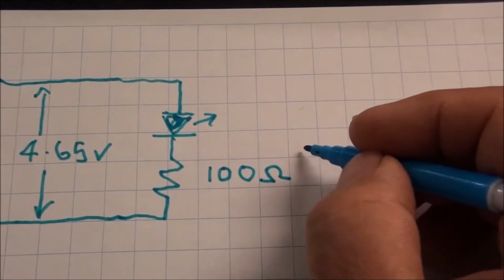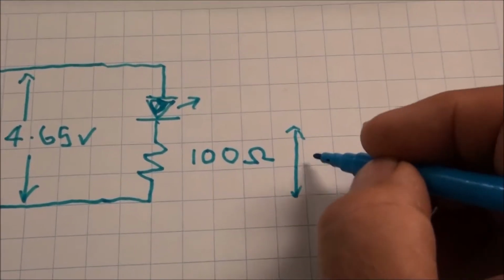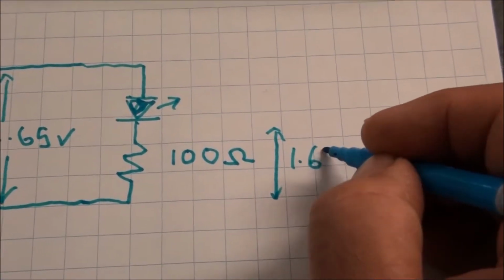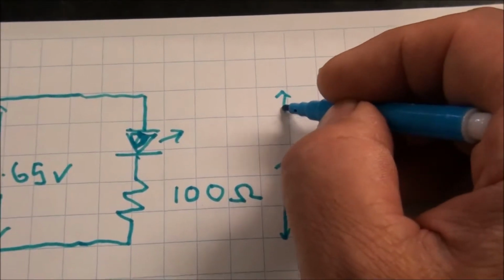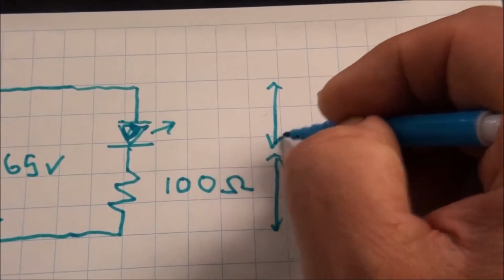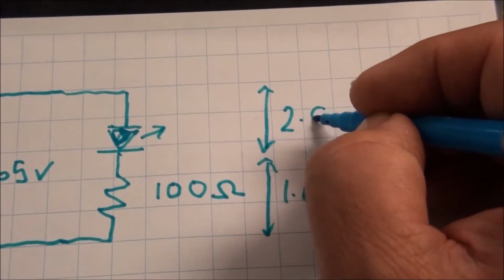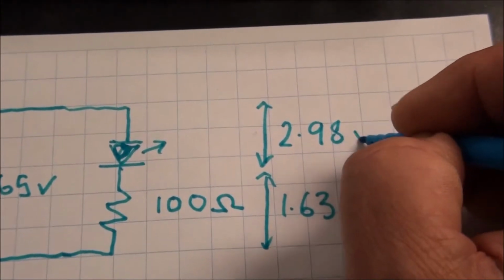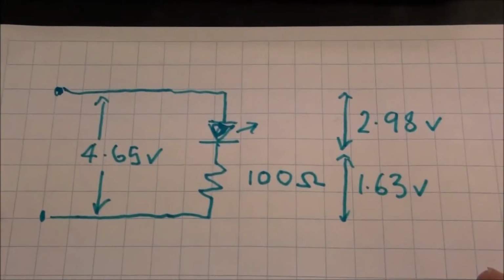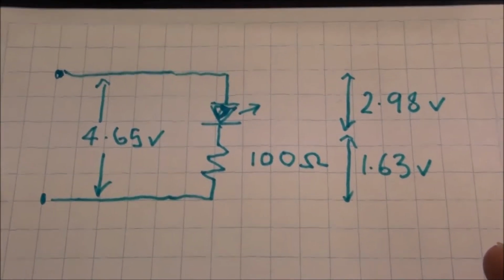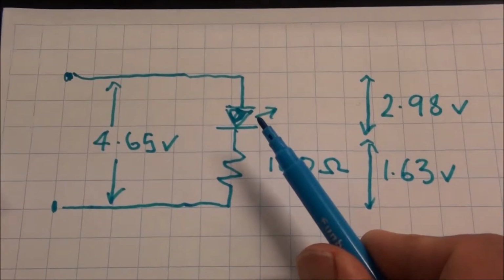We know that the voltage drop across the resistor is 1.63 volts. We know the voltage drop across the LED is 2.98 or 3 volts thereabouts. And now we can compute or back calculate the ideal voltage for the LED light at the ideal current of 20 milliamps.